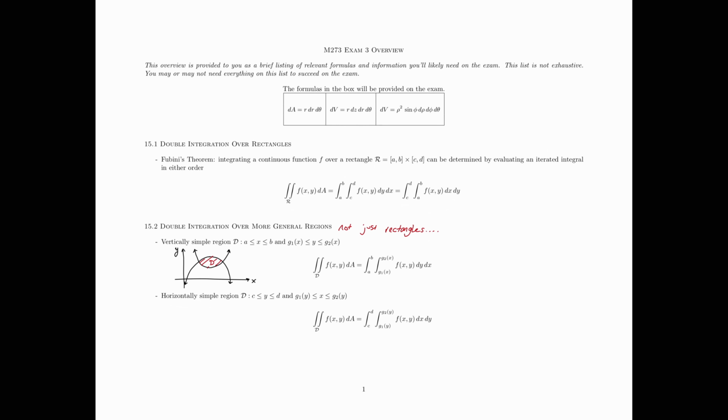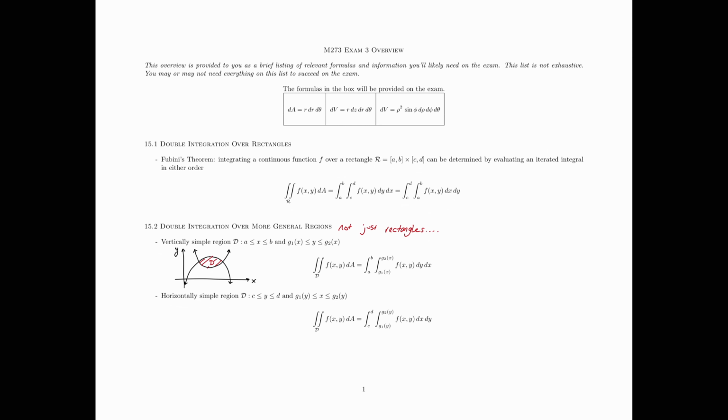But for vertically simple, it doesn't matter where you are, here, here, or anywhere in between, this curve is always on top and this curve is always on the bottom. So whenever you're able to say this function is always above this other function and they never switch, that's the order that, generally speaking, you want to integrate in.